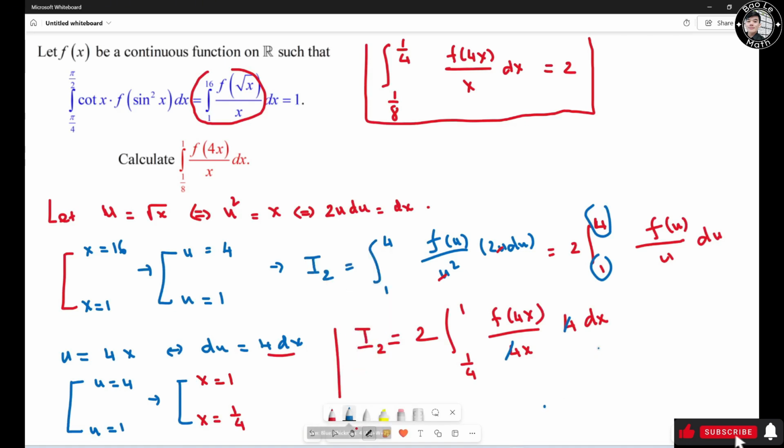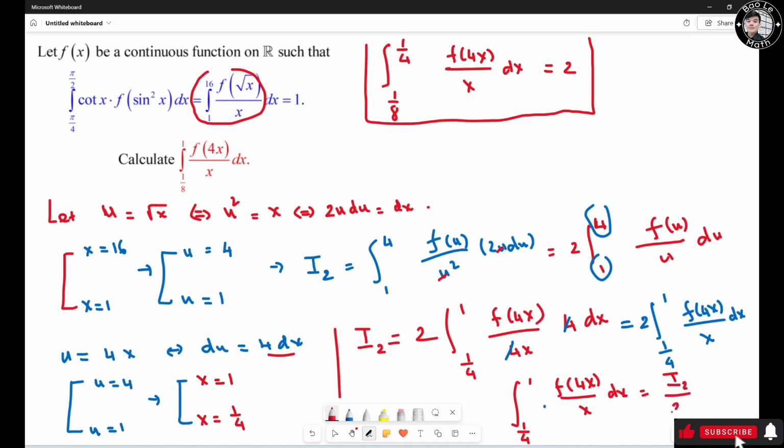So you have 2 times the integral from 1/4 to 1 of f of 4s over s ds. Now I need to solve for this one, so I divide both sides by 2. So the integral from 1/4 to 1 of f of 4s over s ds equals I2 divided by 2. But I2 equals 1 right here, so it is 1/2.